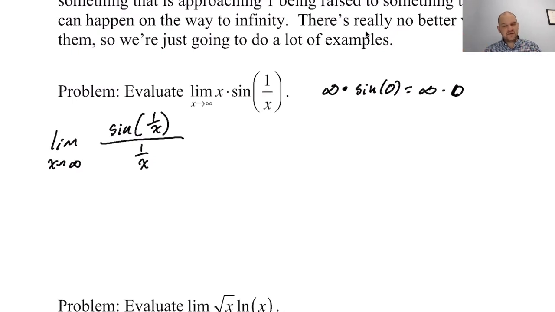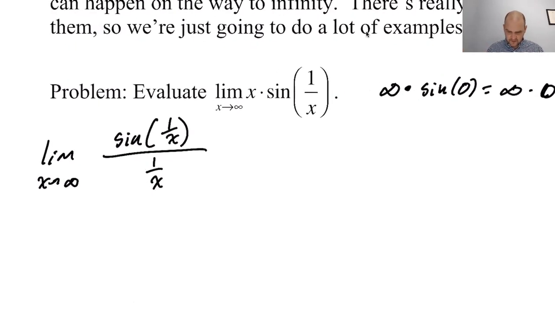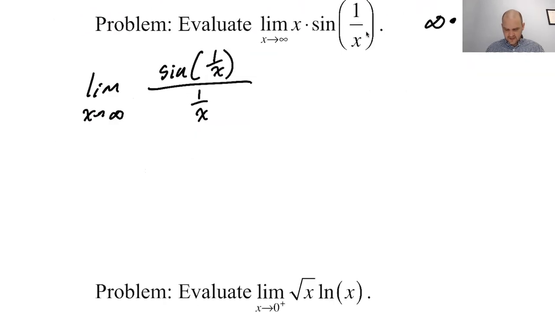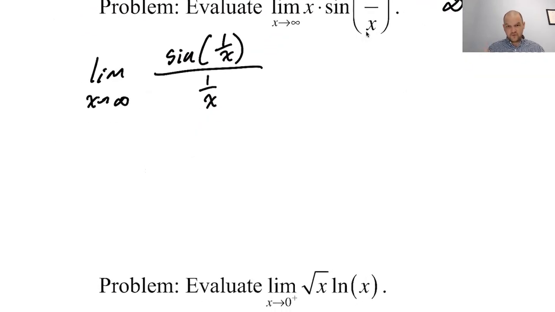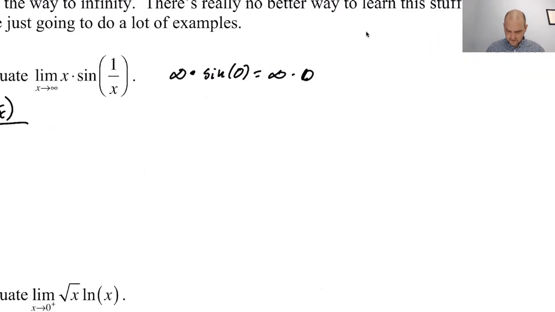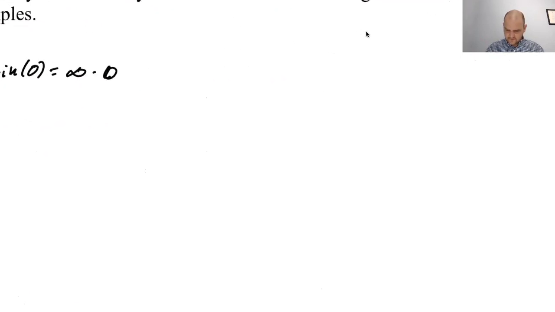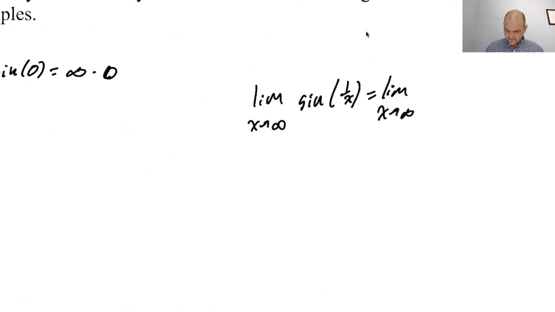The advantage here, though, is that there's AP quality work, and then there's the work that I'm going to do here. So the AP quality work, I think what we would do is say the limit as x approaches infinity of sine of 1 over x equals the limit as x approaches infinity of 1 over x equals 0.